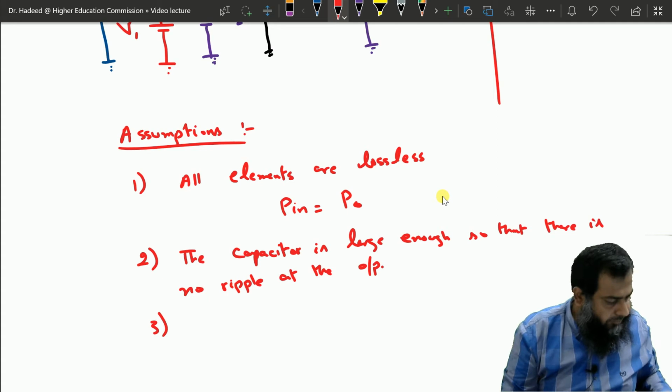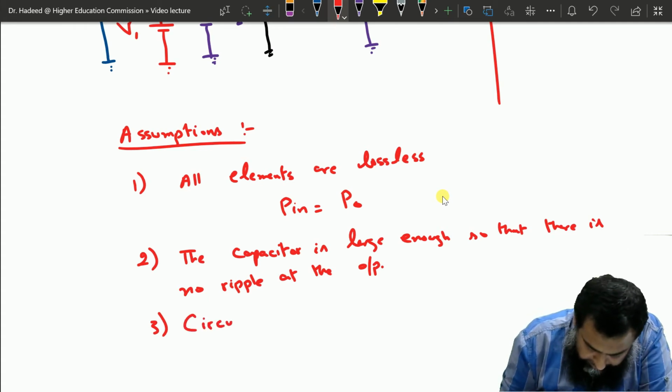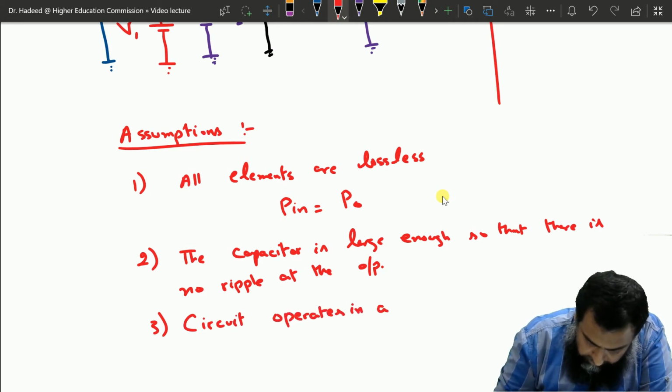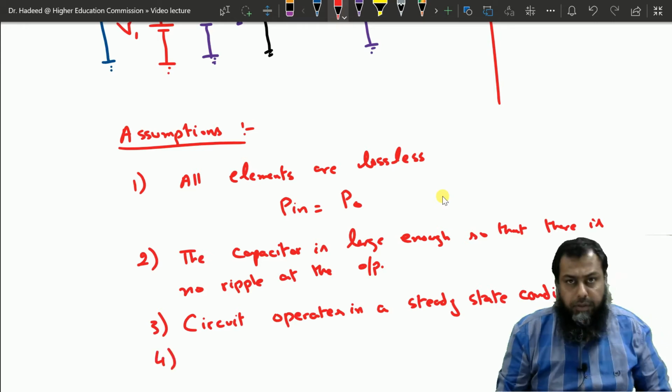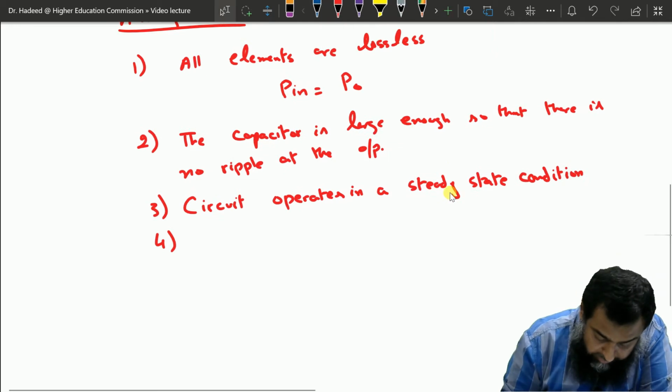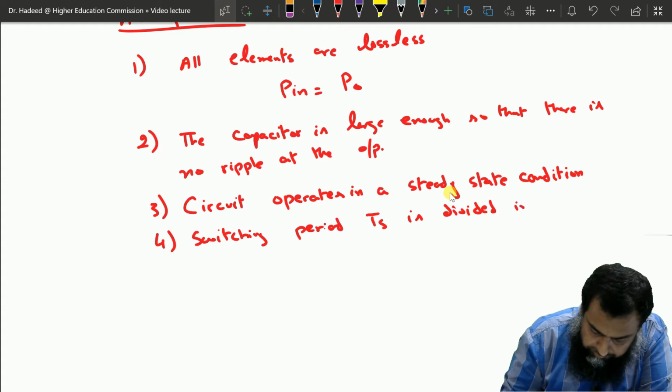Number 3, we assume that the circuit operates in a steady state condition. And number 4 is that our switching period Ts is divided into two parts.